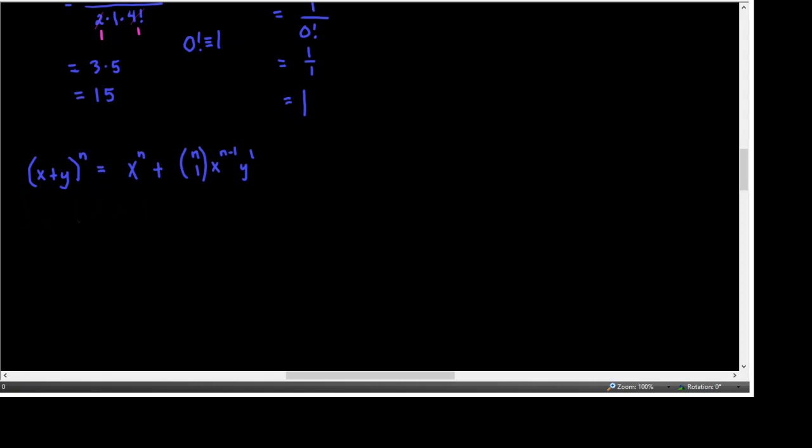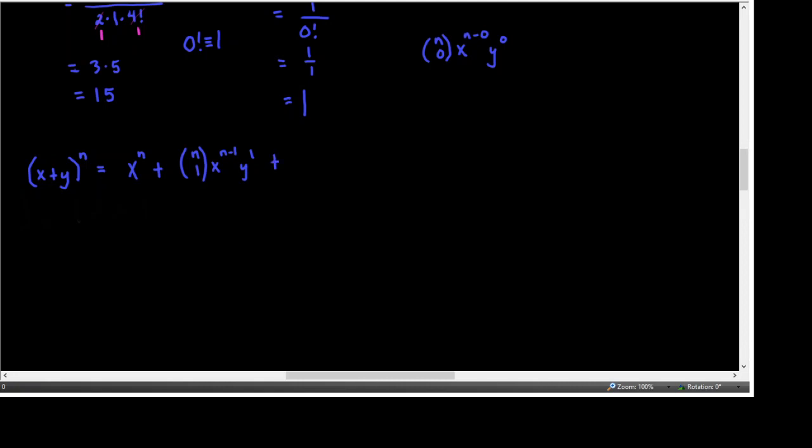So go up here to the right, let's look at that. That's technically n choose 0, x to the n minus 0 times y to the 0. Okay? And so in the next one, the 0 turns into a 1. And that's how you get all those things.